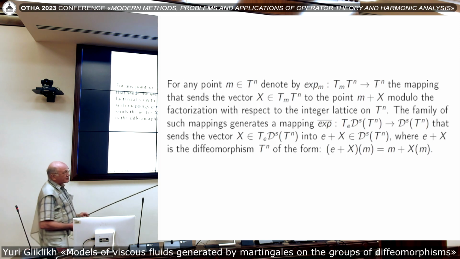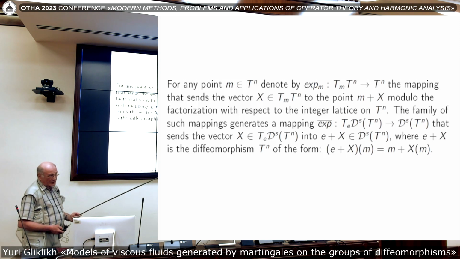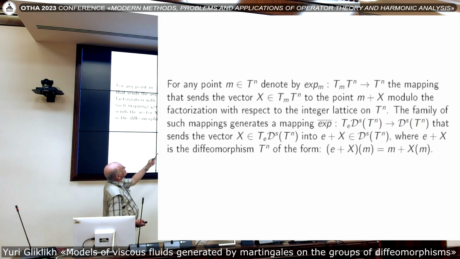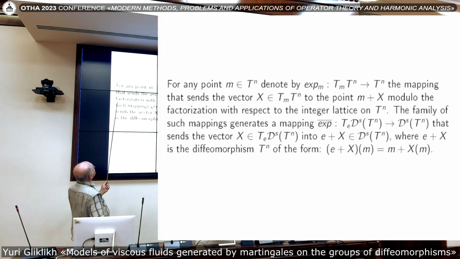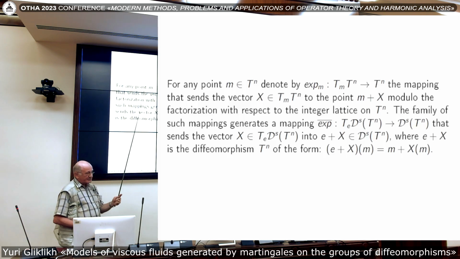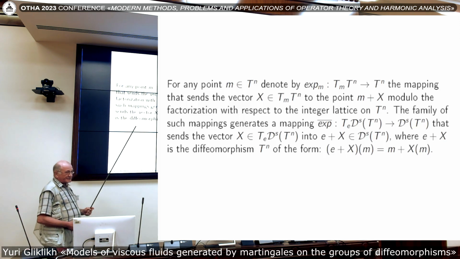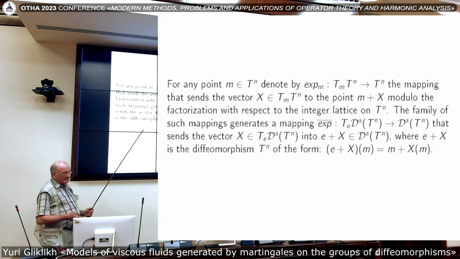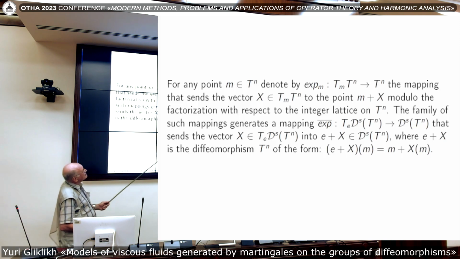Now, the exponential mapping. Exponential mapping on a flat torus is trivial. We add the same X to any point of the torus. And after that, we apply this exponential, we obtain the right invariant mapping exp with bar.